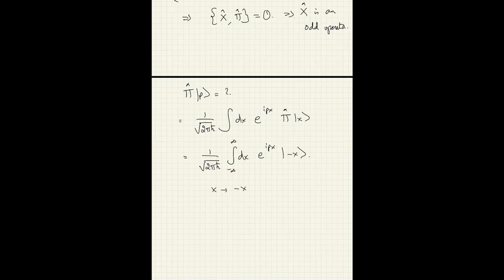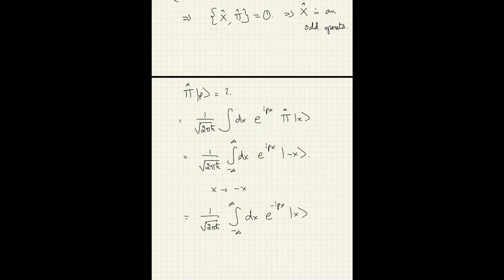This changes to minus dx, and the limits change from plus infinity to minus infinity. So I can use the fact that dx changes to minus dx along with the change in limits to write this whole thing as 1 over square root of 2 pi h bar integral from minus infinity to infinity dx e to the minus ipx, acting on x.